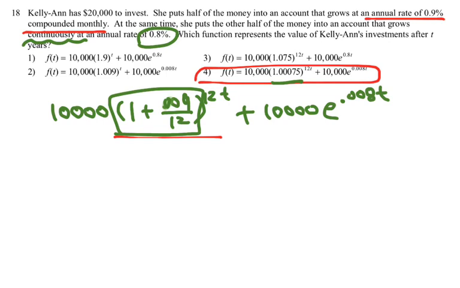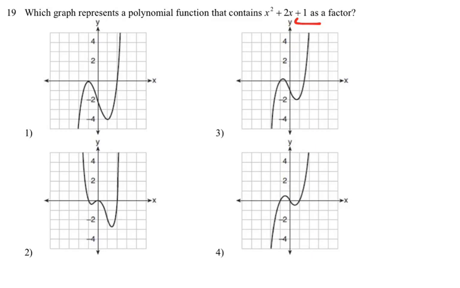Alright. Now in this case, how do you know if x squared plus 2x plus 1 is a factor from the graph? If I were to rewrite x squared plus 2x plus 1, we realize that it is in fact equal to x plus 1 to the second power.